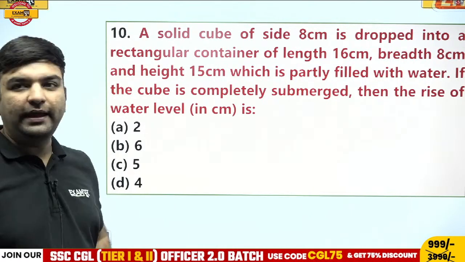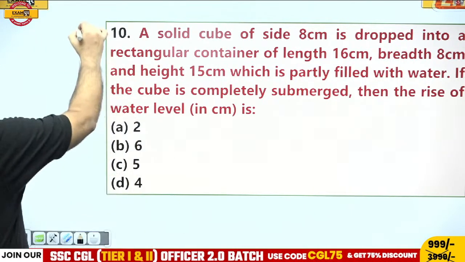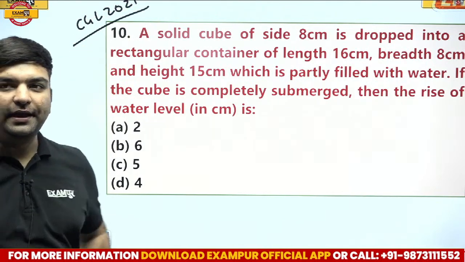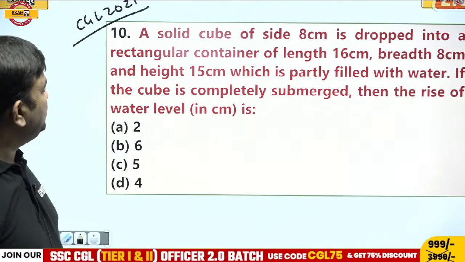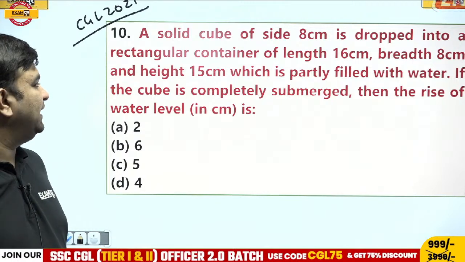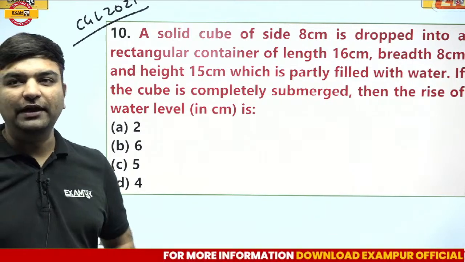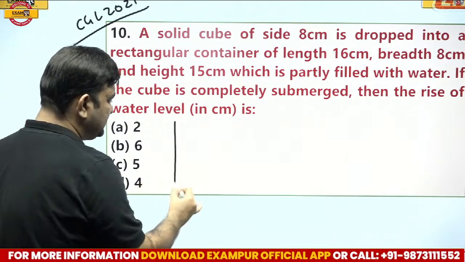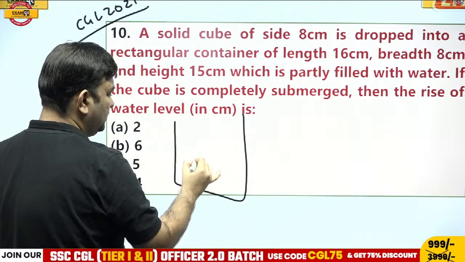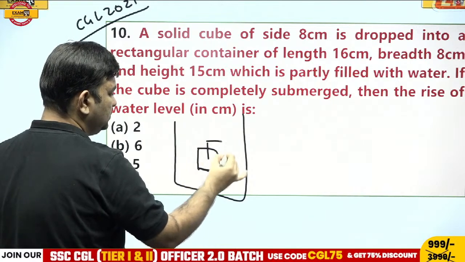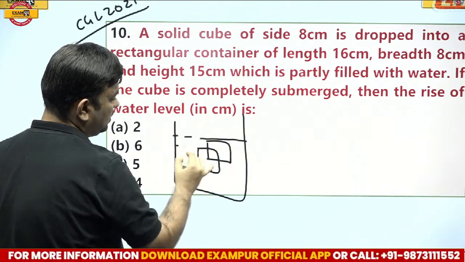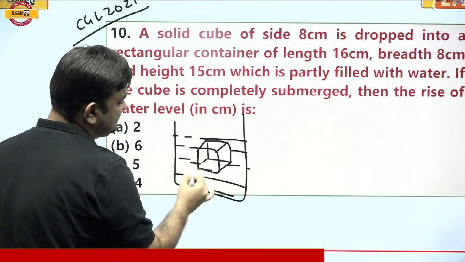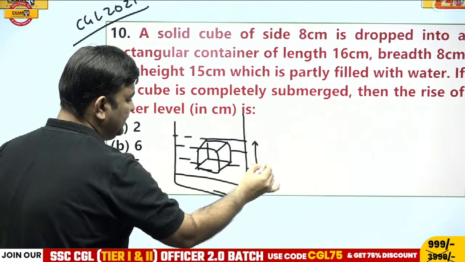A cube of side 8, 8, 8 is dropped into a regular container of length, breadth and height, which is partly filled with water. The cube is completely submerged. What is the increase in the height?